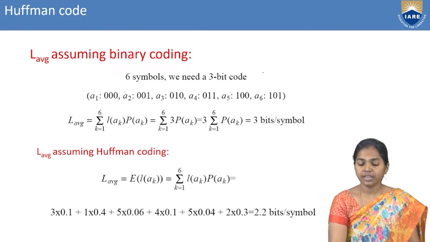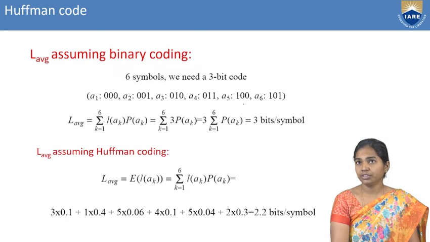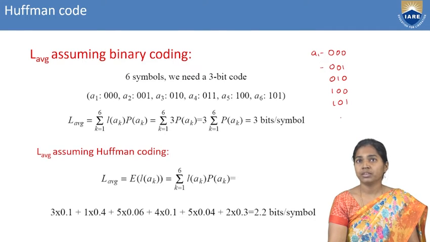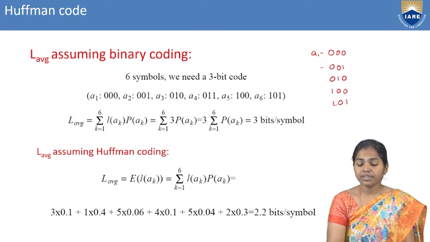Each and every symbol we represent with 3 bits, for example 1, 0, 0 for A1, then 0, 0, 1, 0, 1, 0, then 1, 0, 0 and 1, 0, 1. So each and every symbol is represented with a fixed number of bits.